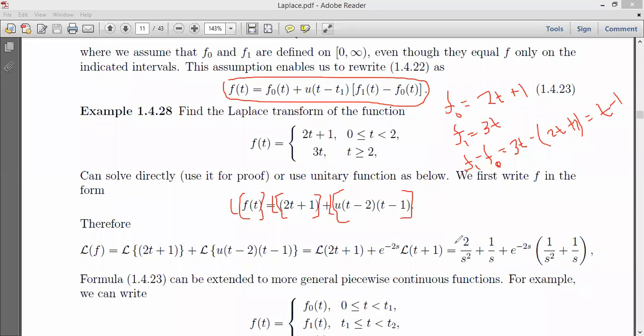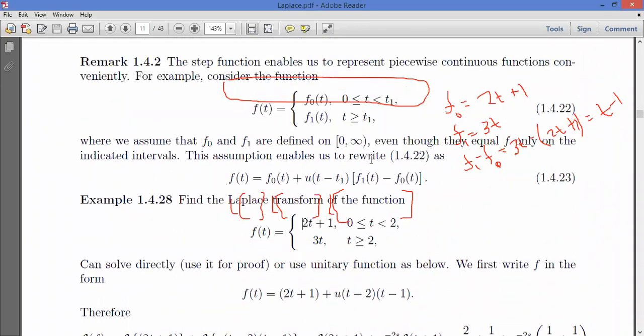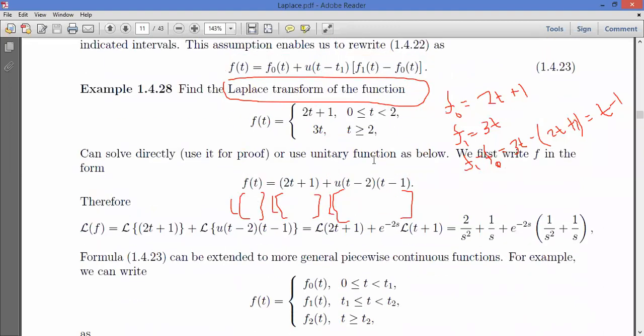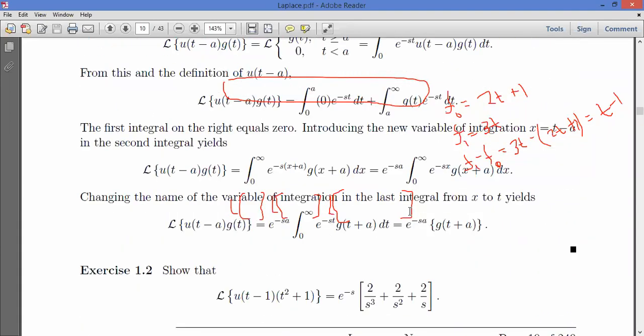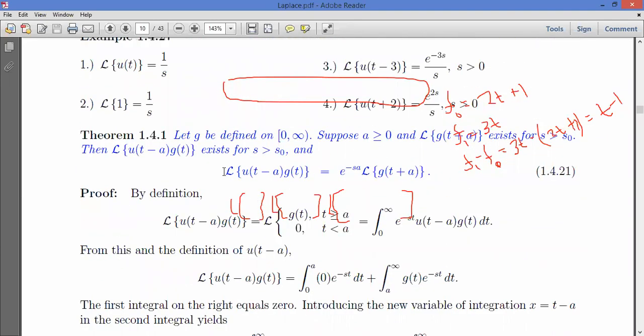So since we want to find the L over the whole of this, we go back. If you look at this expression now, my main interest is in the last part, because this is what we discussed on Thursday. If you go back, guys, I'm hoping you have a hard copy of your notes. If you look at what we are calling this L here, which is u of t minus 2 times t minus 1, that is exactly what we discussed in the theorem.